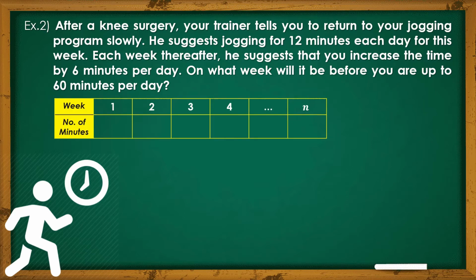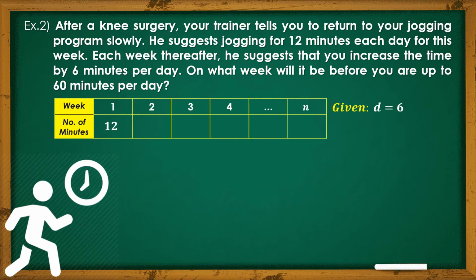Now, we will be using a table to represent our problem. Kailangan natin yung number of weeks at kailangan natin yung number of minutes. So, sinabi na meron tayong week 1, 2, and so on and so forth hanggang sa kailangang weeks. Ngayon naman, based sa problem, 12 minutes yung unang week.